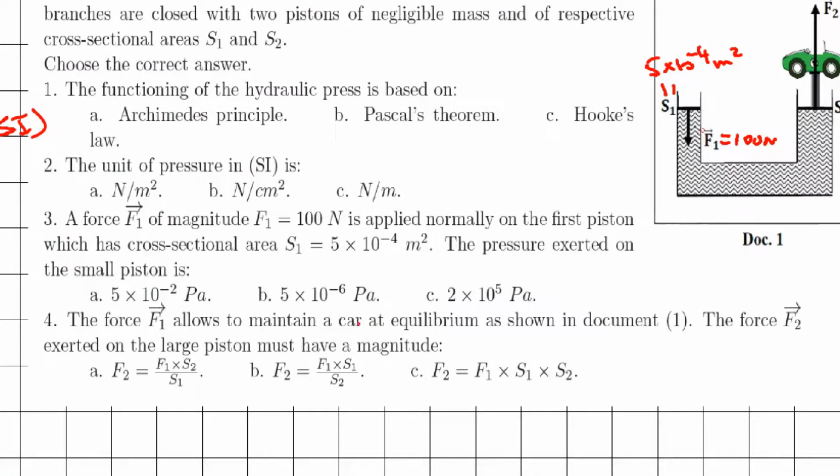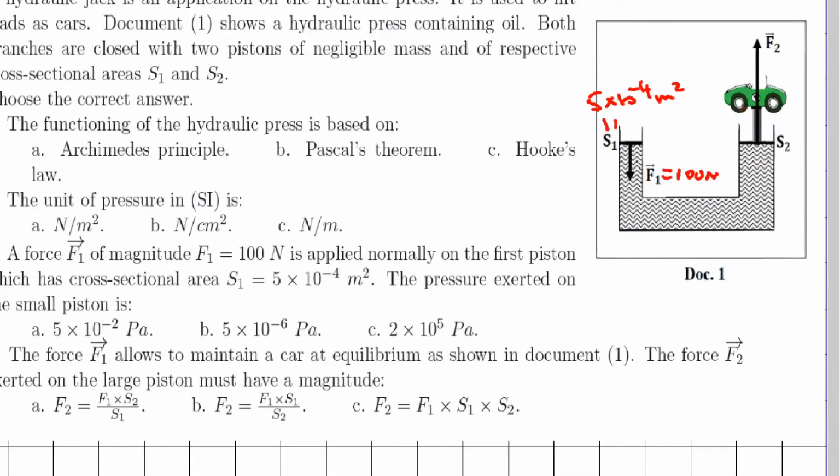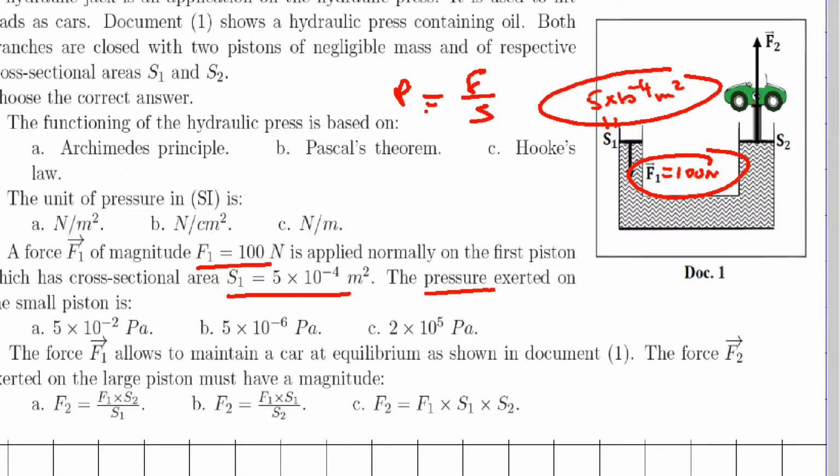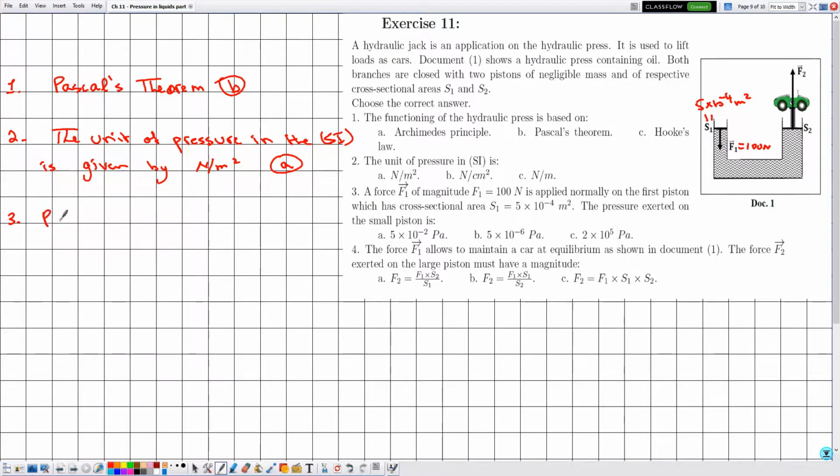In order to know which of these corresponds to the value of the pressure, we need to calculate it. At this branch, we have the value of F1 and S1. We know that pressure, force, and area are related via the following formula: pressure is equal to force divided by area. We know the value of the force and the cross-sectional area, so we can directly determine the pressure, P is equal to F divided by S. F carries the index 1 as well as S1, so P will carry the index 1. The value of F1 in the SI is 100, and the value of S1 is 5 times 10 to the power minus 4.